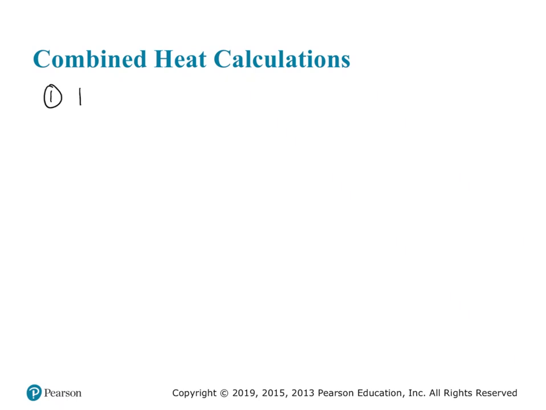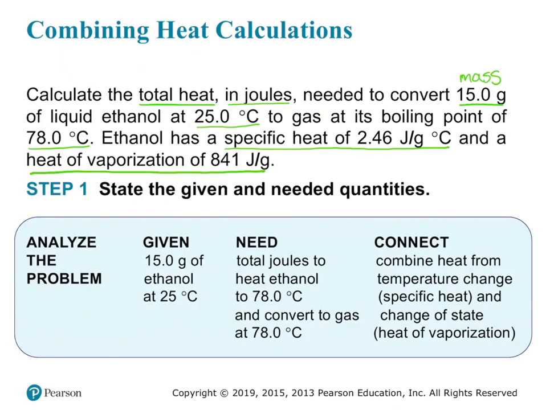So number 1, we're going to calculate the heat needed to increase the temperature of our ethanol. So let's go back and look up the mass. So our mass was 15 grams, and then our temperature change was from 25 degrees Celsius to 78 degrees Celsius, and our specific heat is 2.46.